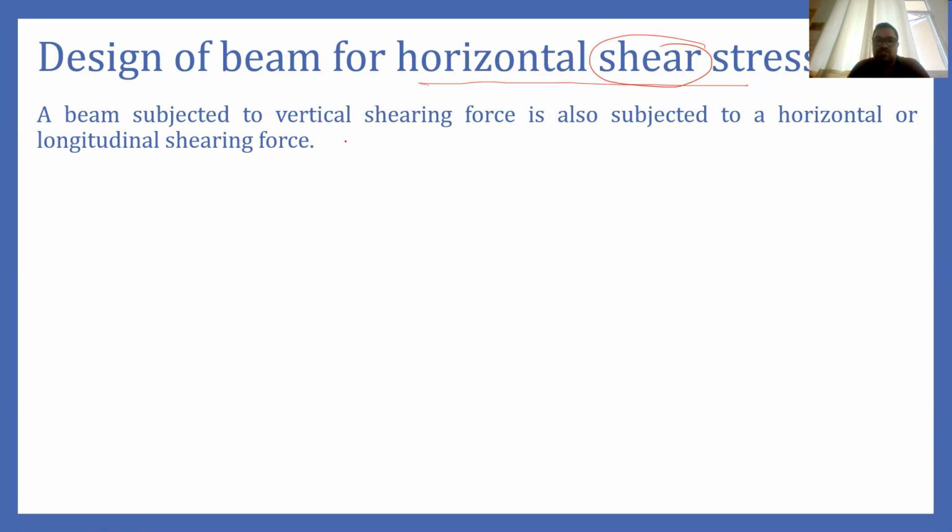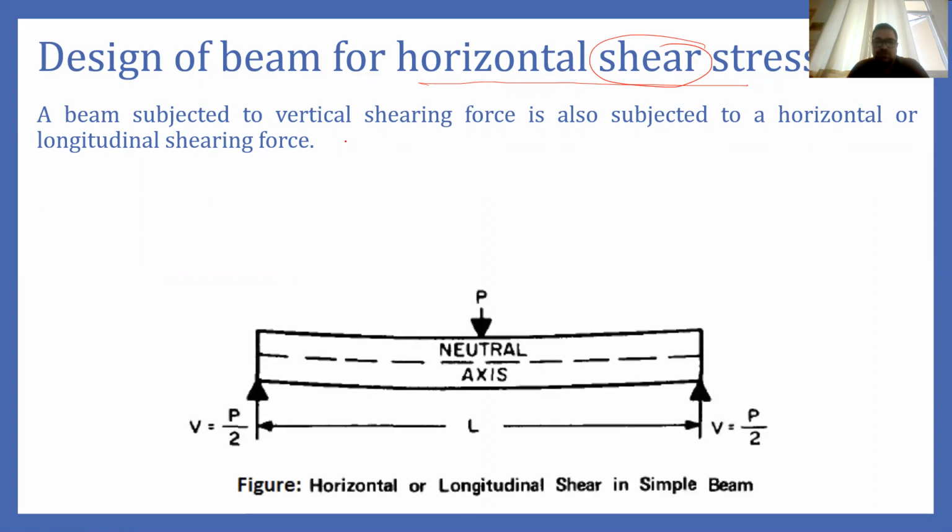That vertical force is basically the transverse force. So here in this diagram, you can see because of this transverse load, this beam is trying to bend. Now, when it is bending, the central axis is called the neutral axis. We know that above the neutral axis, this beam is trying to compress, and below the neutral axis, this beam is trying to stretch.